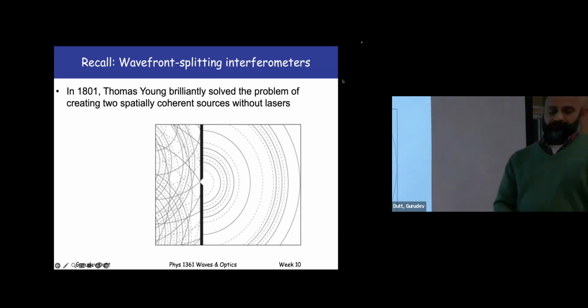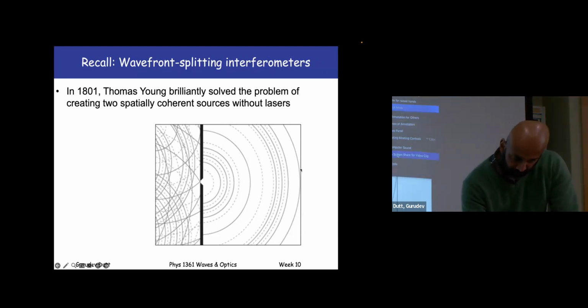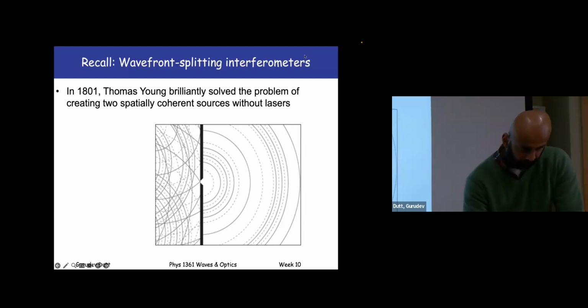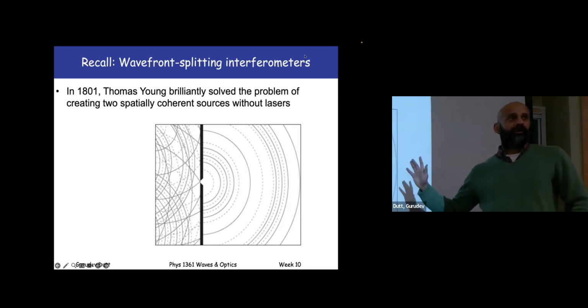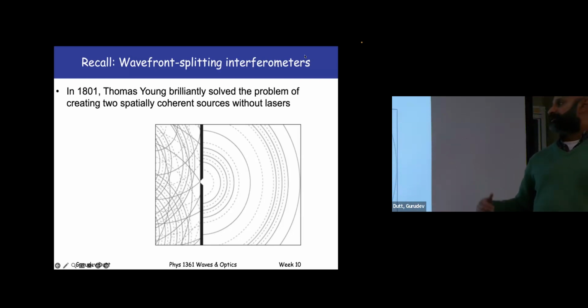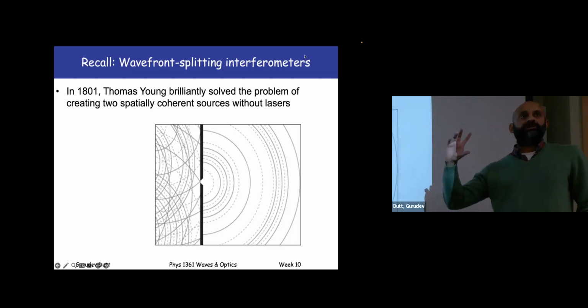All right, so we are talking about interference, continuing to talk about interference. I just wanted to remind you, in the last class, we introduced the Young's double slit, which I told you was an example of a type of wavefront splitting interferometer. That's because in the Young's double slit, the two slits sample two parts of the same wavefront.